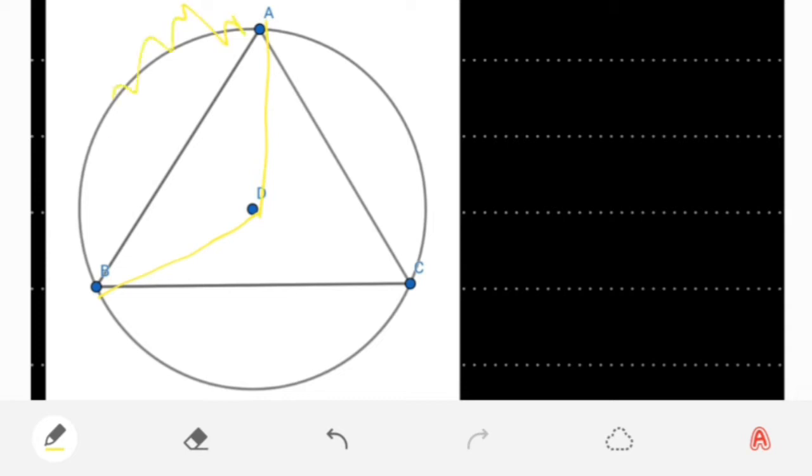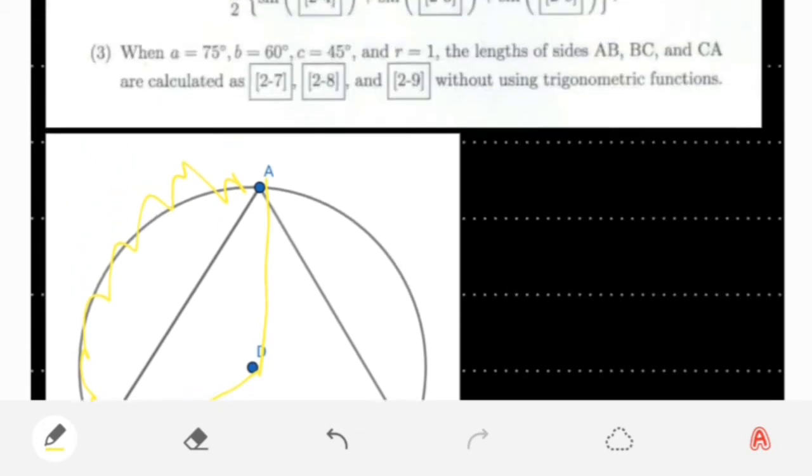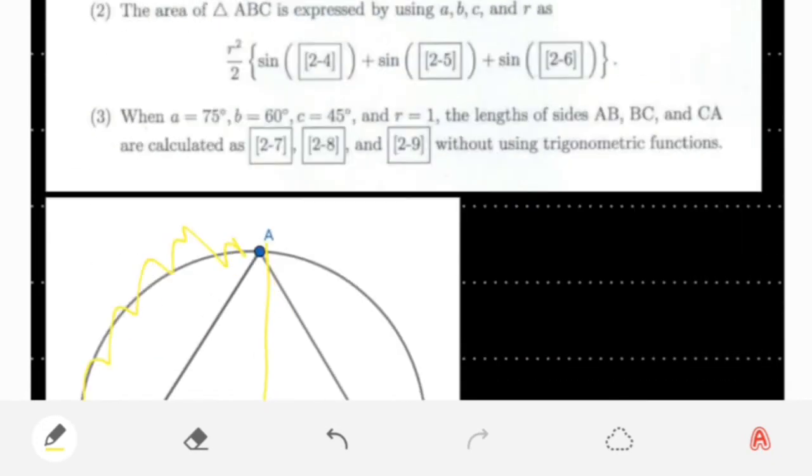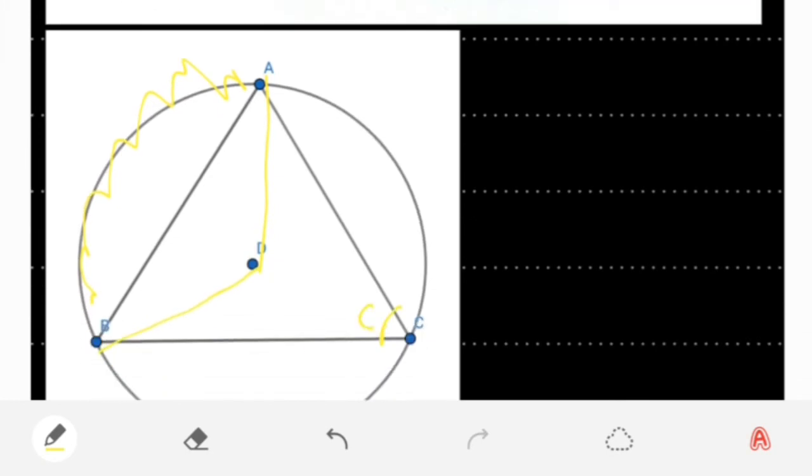So this is the arc AB. So notice that this angle over here he gave us. He said that it is C, right? Yeah, BCA, it's C. So this is 2C. Remember the inscribed angle theorem? Something like this, I think. So this is 2C. And now we can use the second relation, the proportionality.